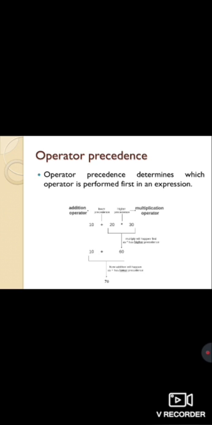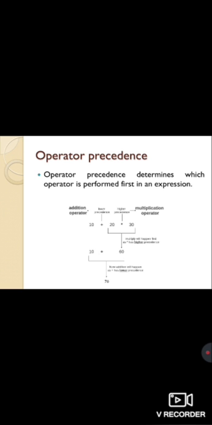Operator precedence determines the grouping of terms in an expression and decides how an expression is evaluated. Certain operators have higher precedence than others. For example, the multiplication operator has a higher precedence than the addition operator.